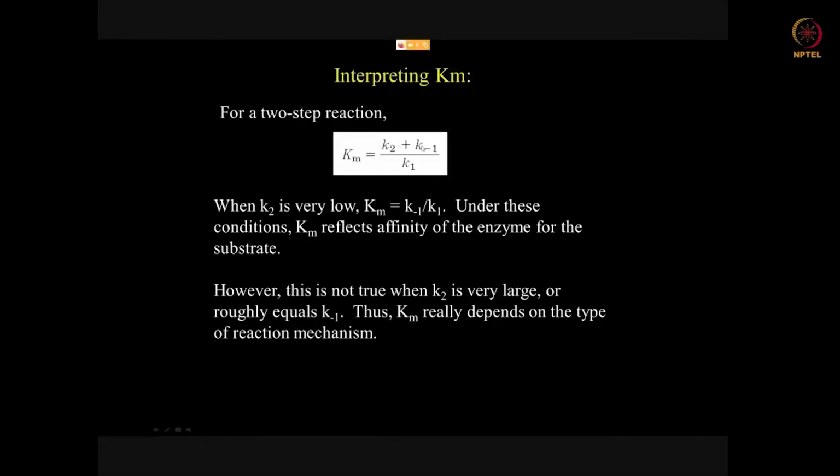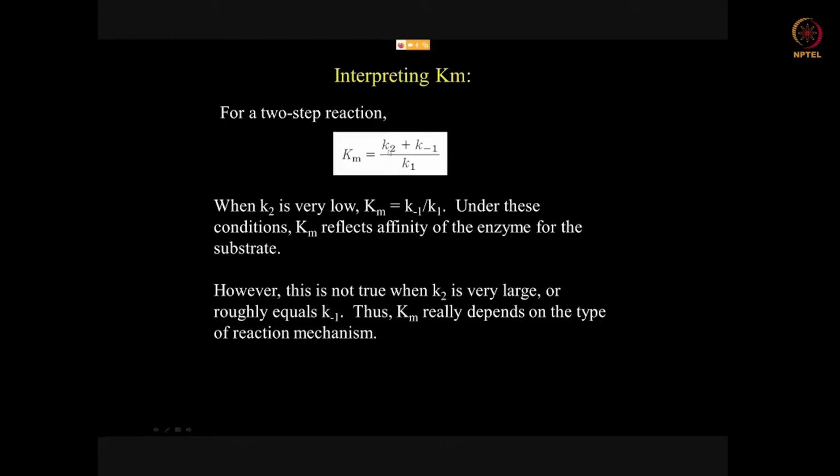If it is significantly large, then it will be a function of all three. And suppose you have an intermediate step, or you need not even have an intermediate step, you will have K minus 2 as well, like E plus P combining to form ES, the enzyme substrate complex.